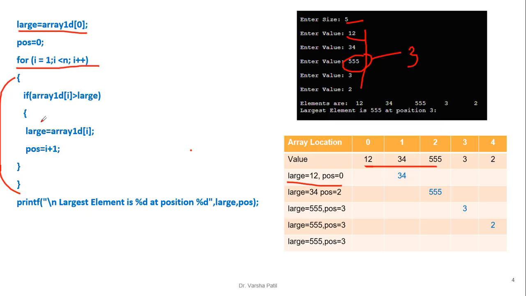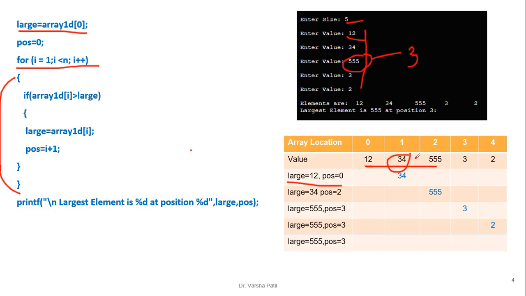Now what do we require to do? We take the next element, 34, and compare it with the large element. Is 34 greater than large? Yes. Then what do we require to do? Some changes. What changes?